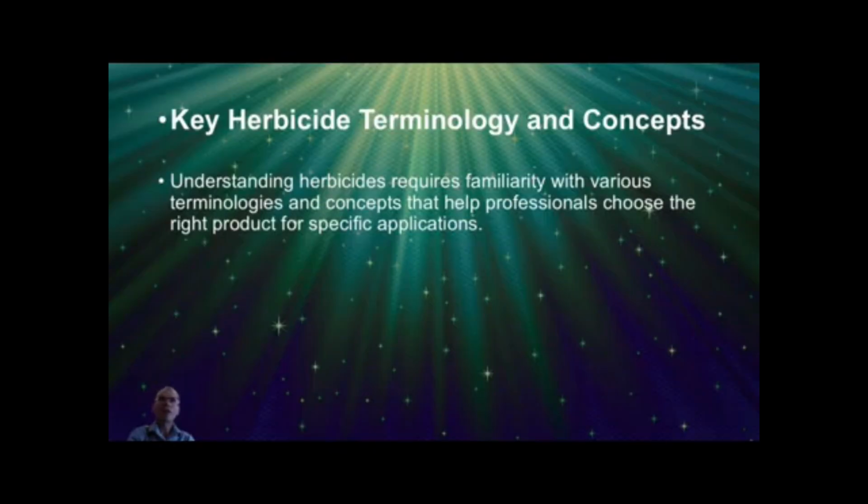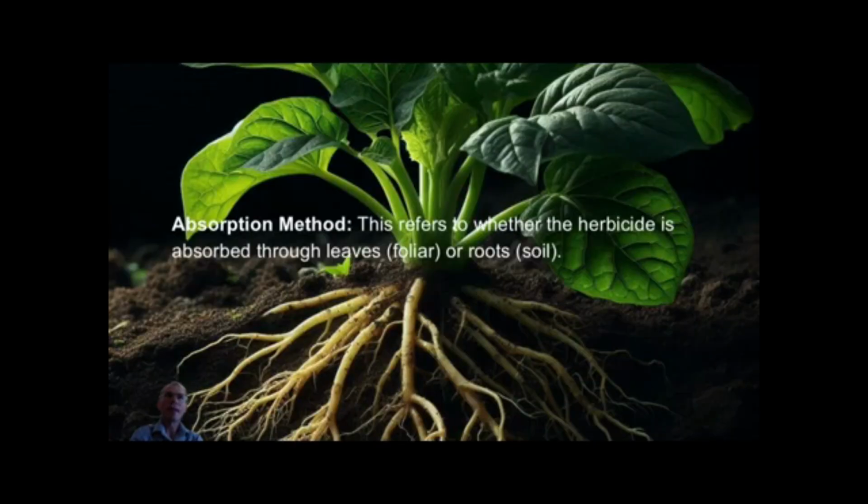Key herbicide terminology and concepts. Understanding herbicides requires familiarity with various terminologies and concepts that help professionals choose the right product for specific applications. Here are some key terms to consider. Absorption method. This refers to whether the herbicide is absorbed through leaves, foliar, or root, soil.